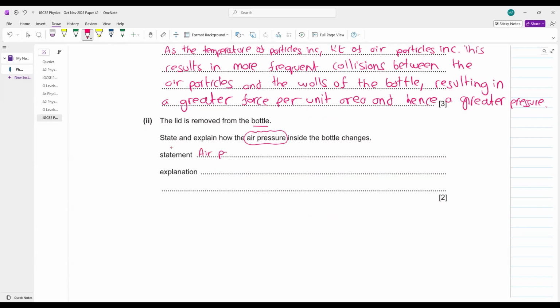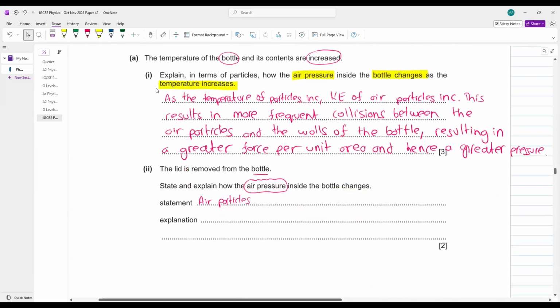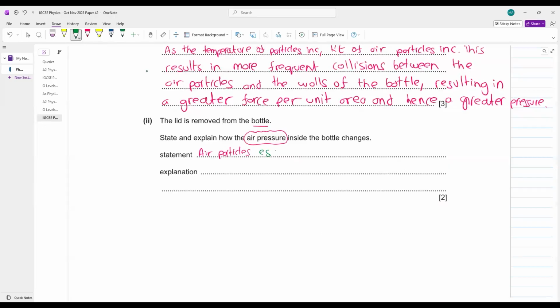Air particles move or escape from the bottle into the air. Once you remove this lid from the top of the bottle, what will happen? Air particles escape from the bottle.